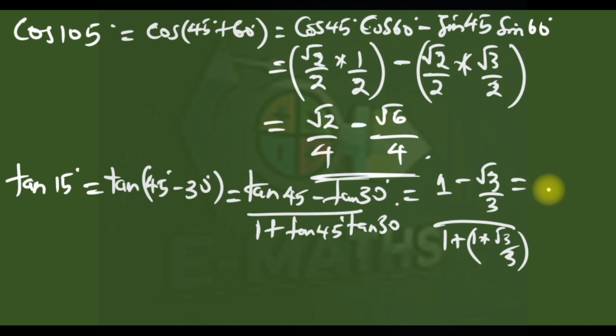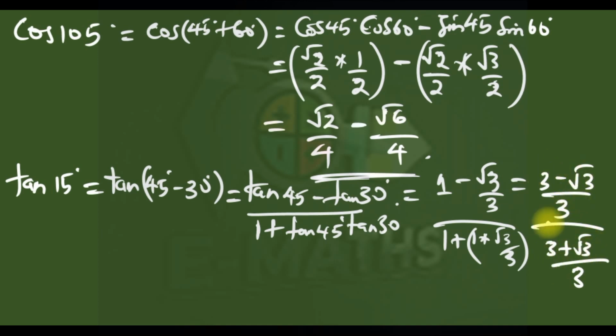Taking the LCM, the numerator is 3 minus root 3 over 3, and the denominator is 3 plus root 3 over 3.